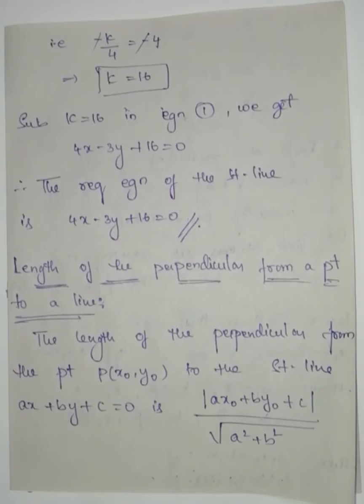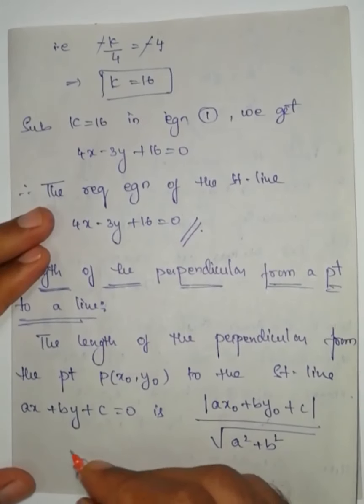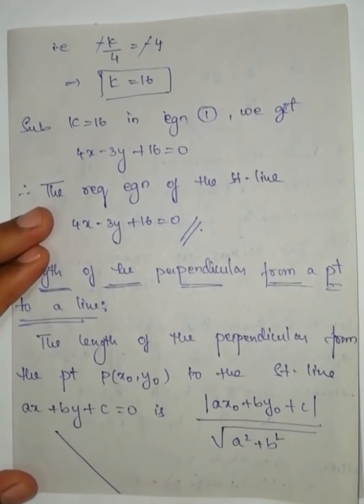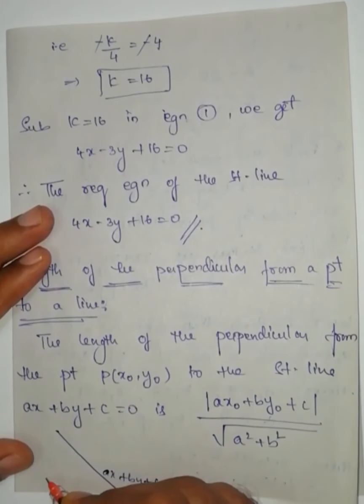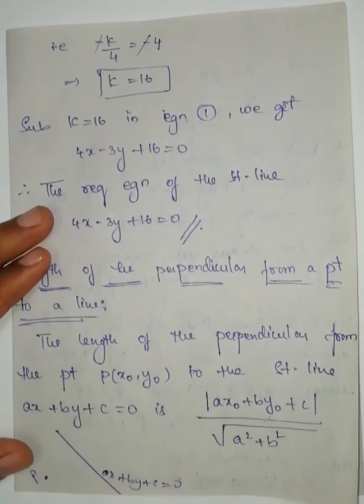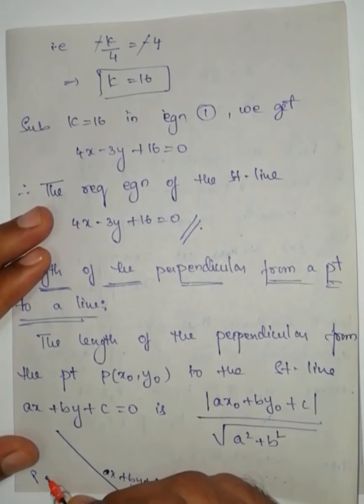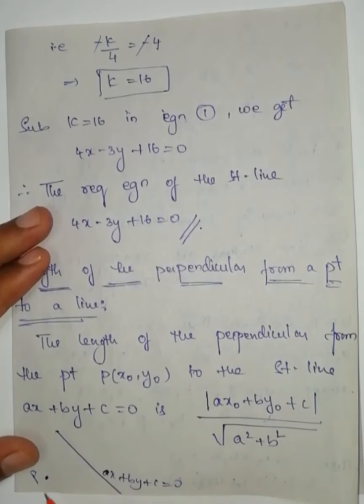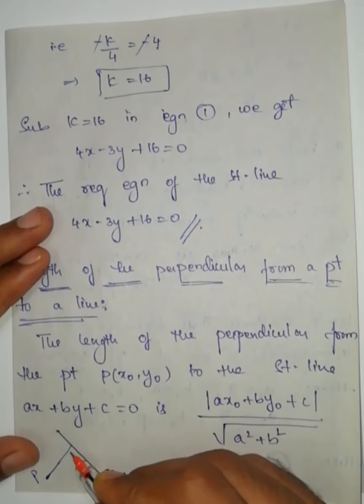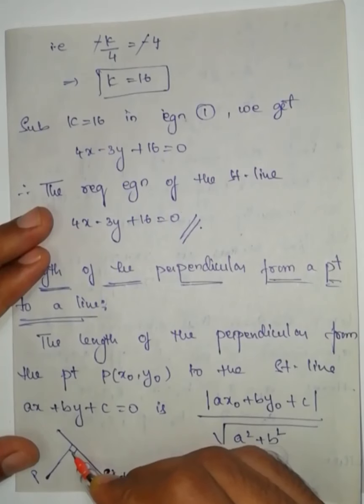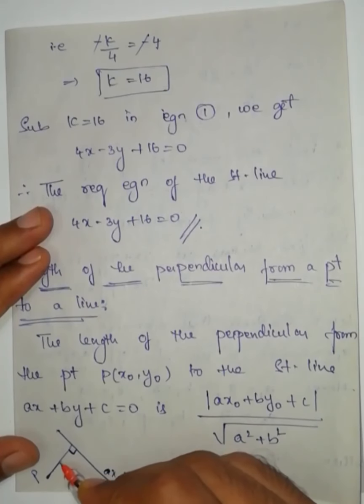What it means? Let us take a straight line, ax plus by plus c is equal to 0. Let us take a point, P. And now let us take a perpendicular line to this one passing through this point, making an angle 90 degrees with this line.